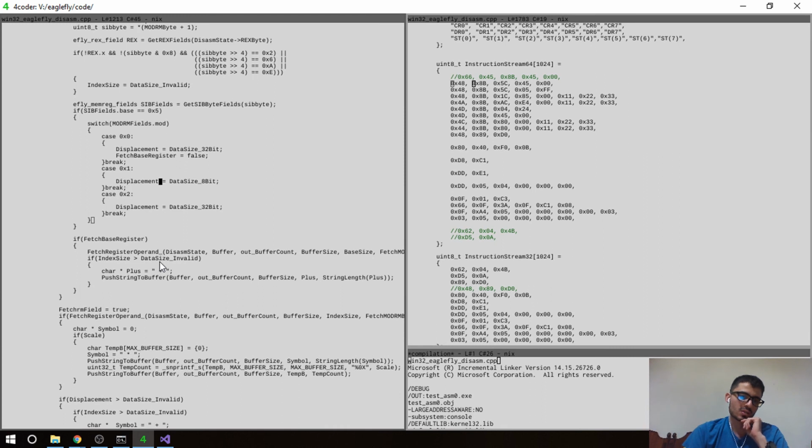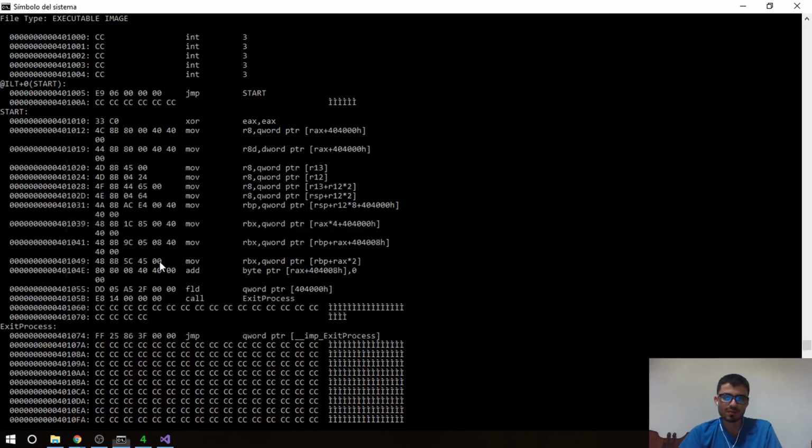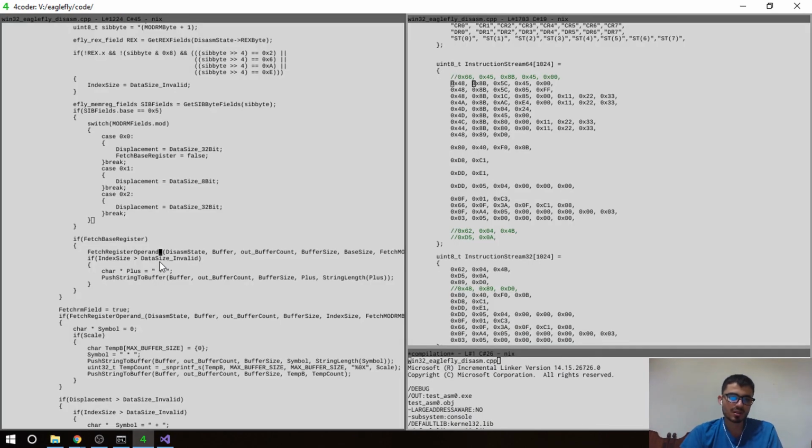And we're going to have a base, which is correct. In this case, it's going to be RBP, and then the index side has to be done by this one. This is just fetching, for example.